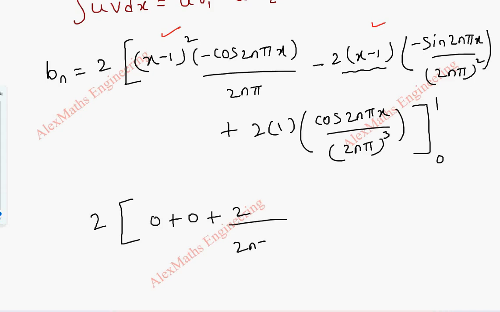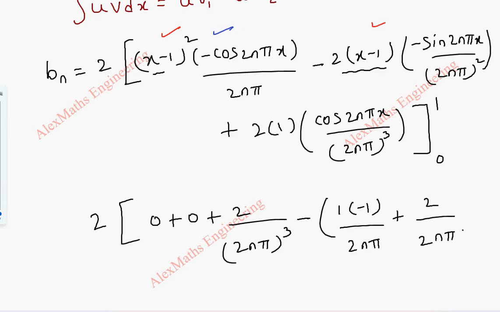So 2 by 2n pi whole cube minus, when I put lower limit 0, 0 minus 1 whole square is 1, and cos 0 is 1, but there is a minus sign, by 2n pi, and second term is 0 because of the sine, and the last term is plus 2 by 2n pi whole cube.